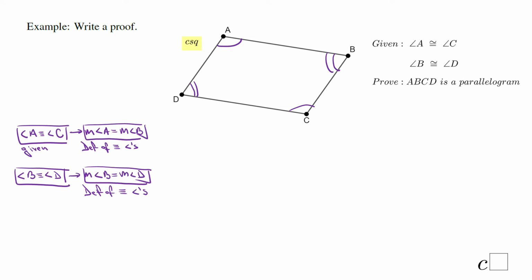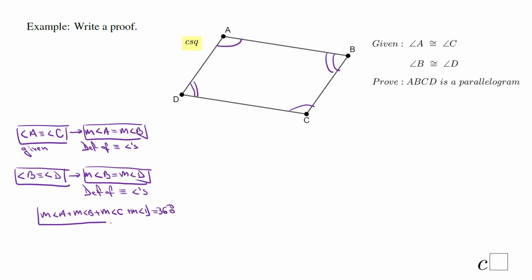Well, what is the sum of the measure of the interior angles of a quadrilateral? That will be 360. Right, so let me write that here. The measure of angle A plus the measure of angle B plus the measure of angle C plus the measure of angle D equals 360 degrees.